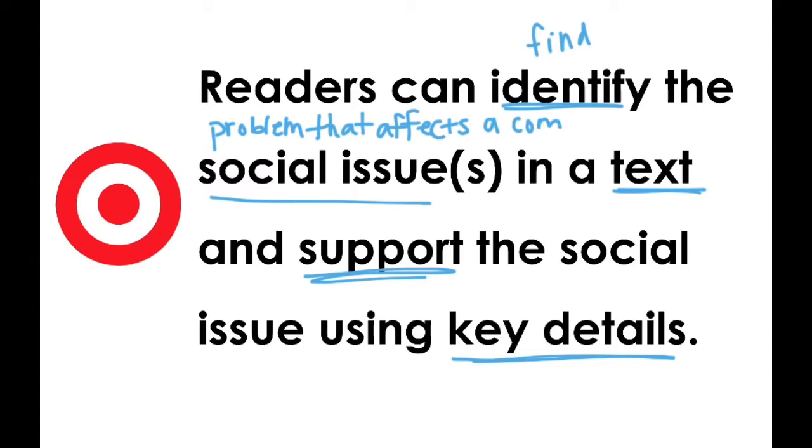Now remember, it can affect a community, it can affect the world, but it doesn't just affect one person, so remember that. A text can be a book, it can be a magazine, it could be an article.